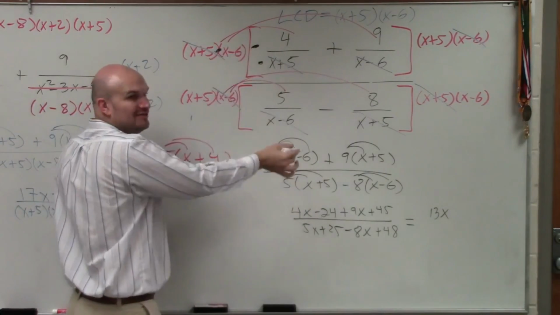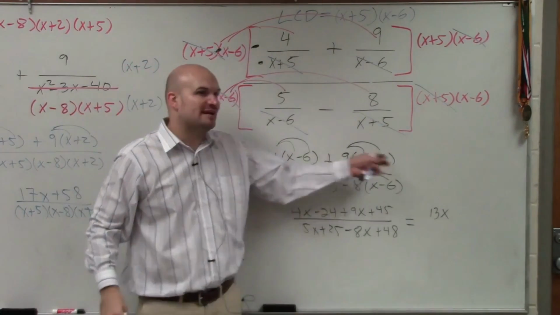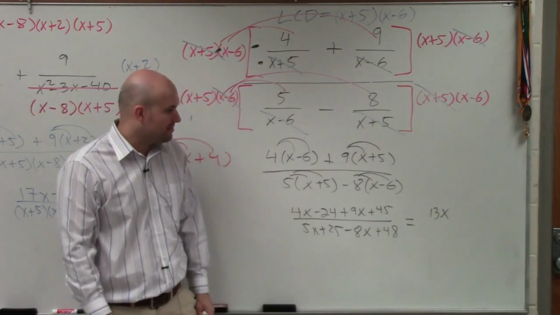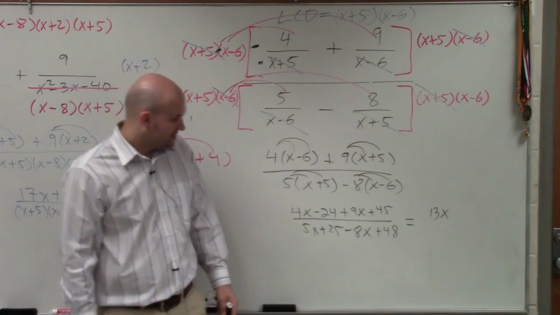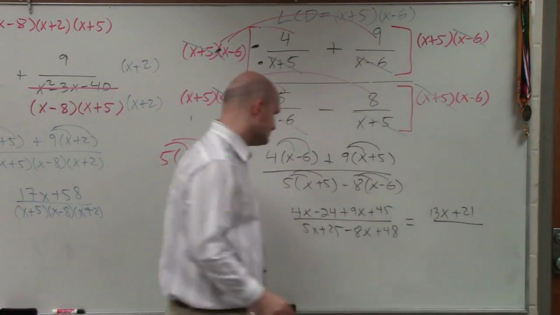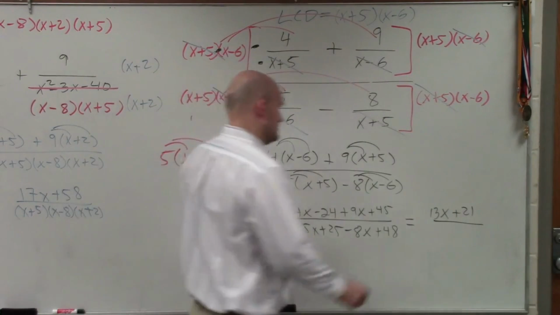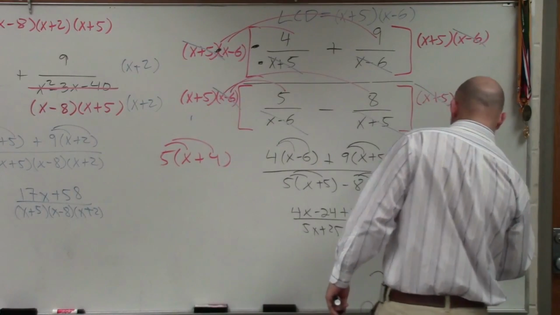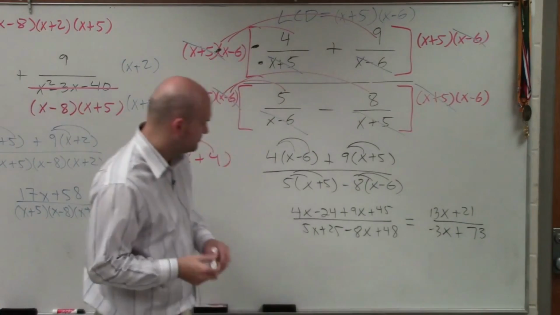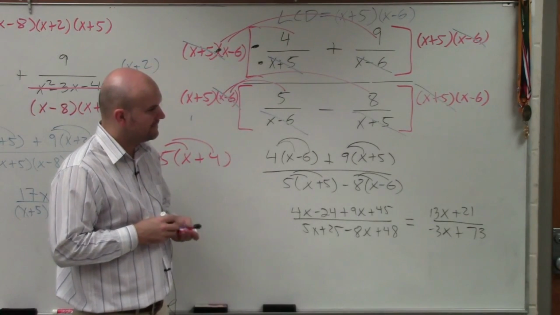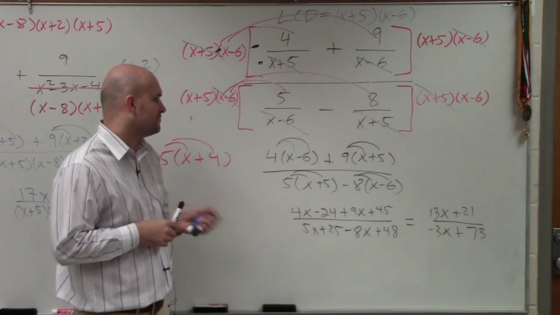That's why I can apply the division property. But once terms and expressions are separated by addition, you can't apply the division property. 13x plus 21, and negative 3x. And you can't factor anything else out from there, so it's simplified.